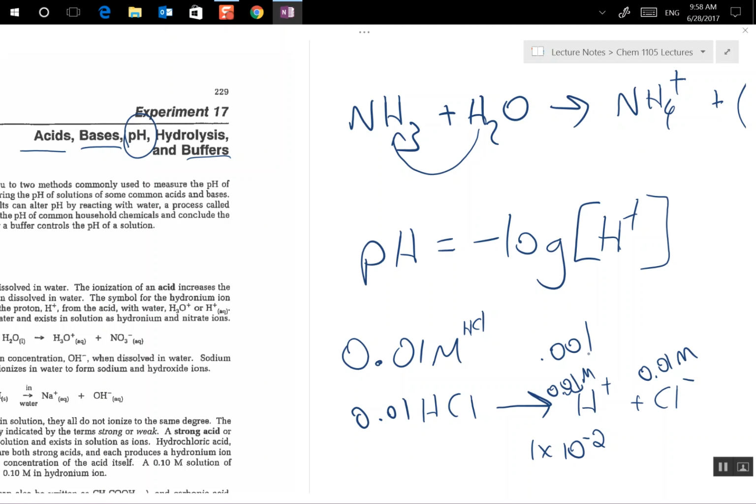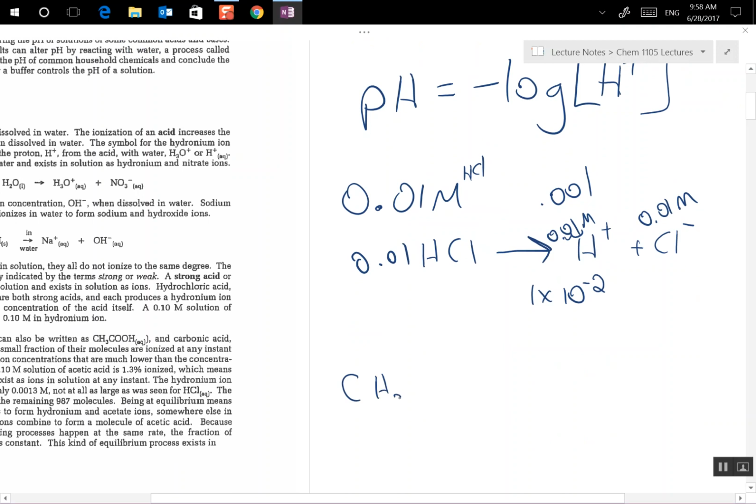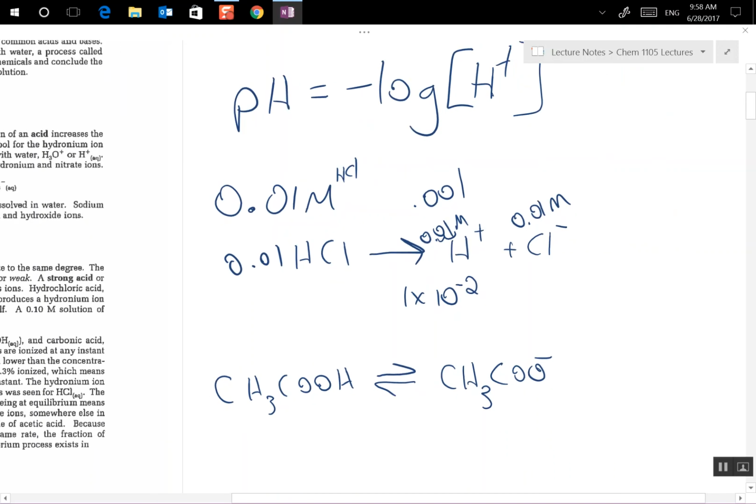But not all acids are strong acids. Some acids are weak acids, like acetic acid. CH3COOH dissociates in equilibrium with CH3COO minus, which is acetate, plus H plus.